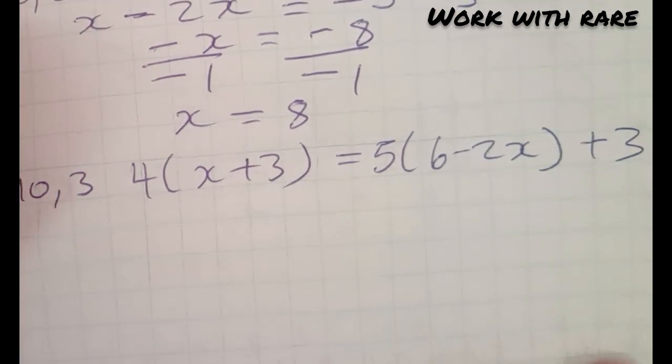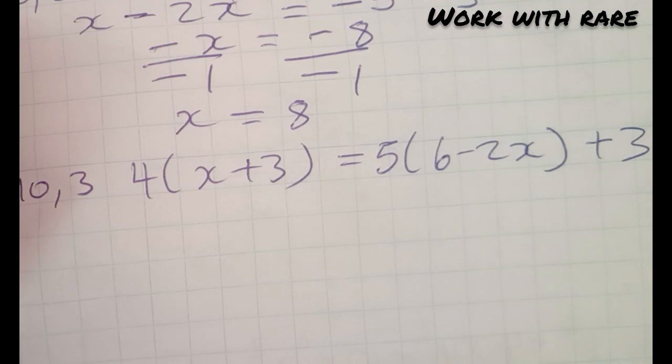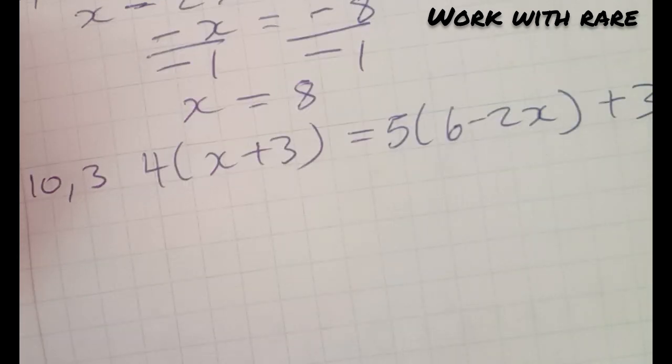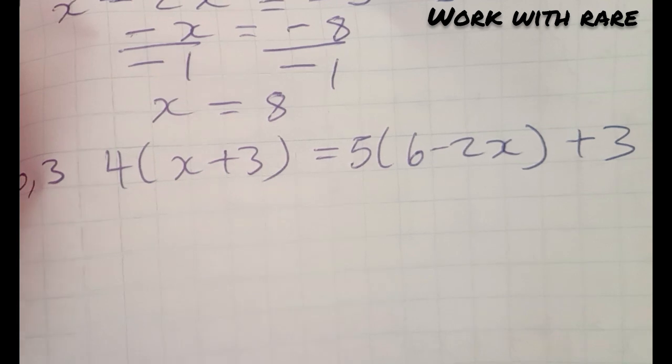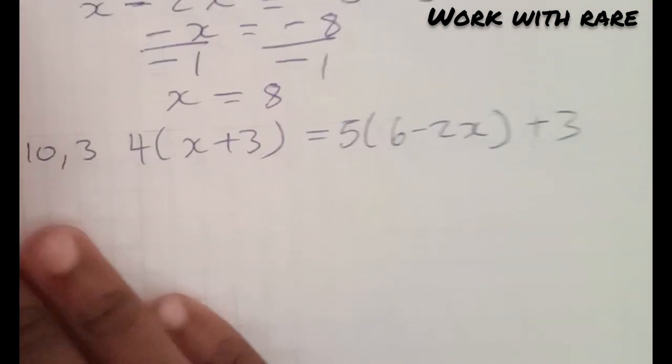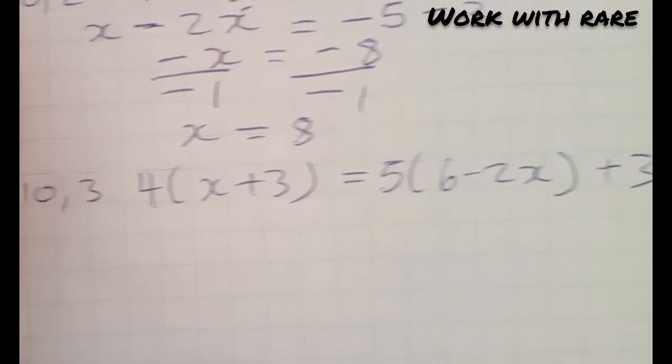When you get this type of equation, you multiply what is outside the bracket with what is inside the bracket, and you should be careful of the signs. Okay, so now I have something on my left hand side and I have something on my right hand side. Okay, and at the end I should get my x value.